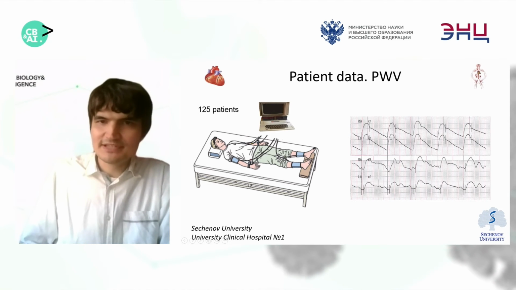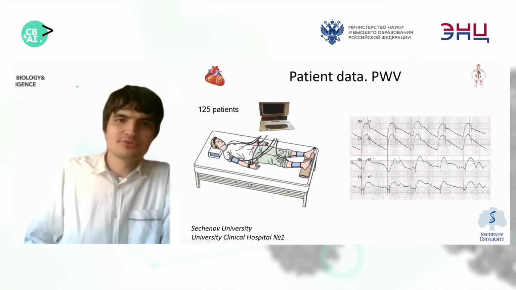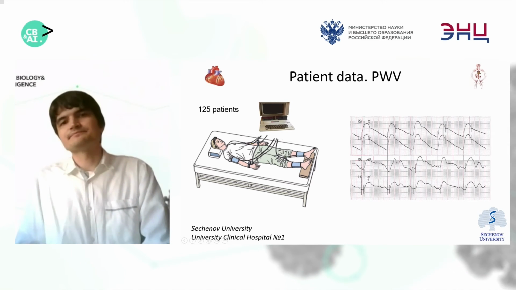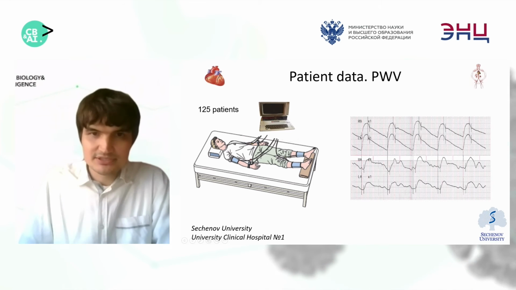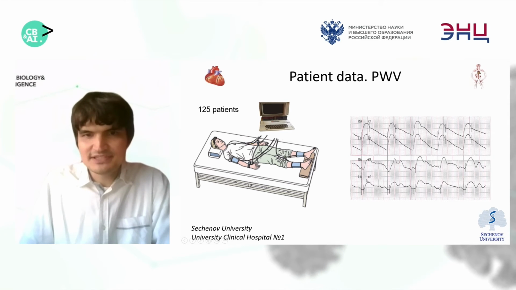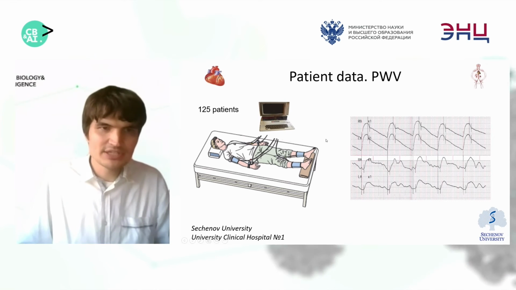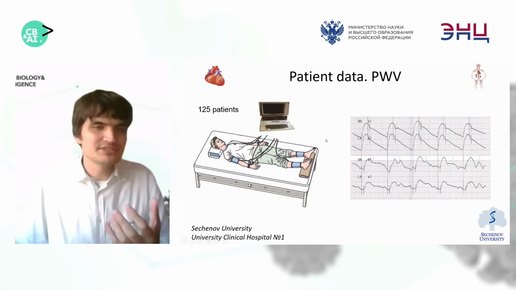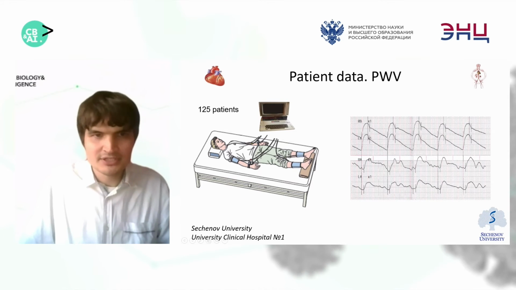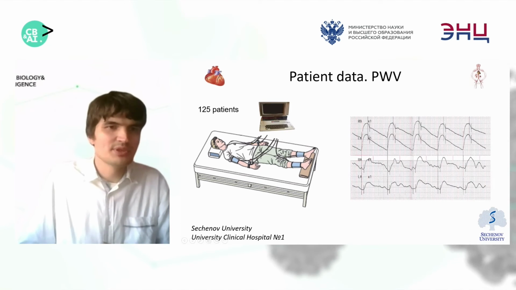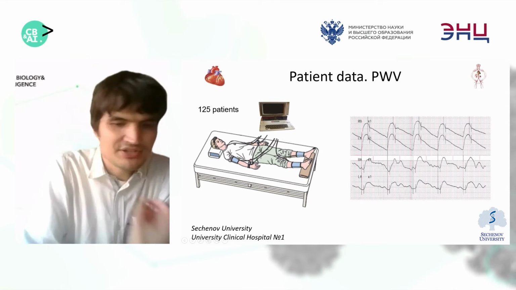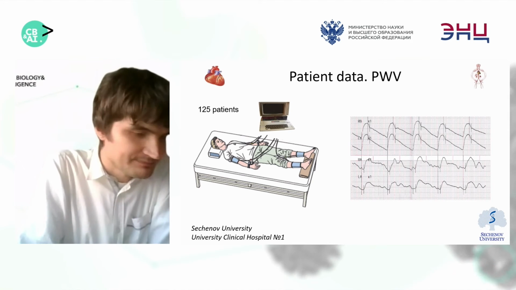So we had pulse waves in the right brachial artery, left brachial artery, right ankle, and left ankle. And as you can see, there is some shift between the feet of these pulse waves. Thanks to these shifts, we can calculate the speed of pulse propagation because we know the distance between the cuffs. So we can measure these pulse wave velocities directly.